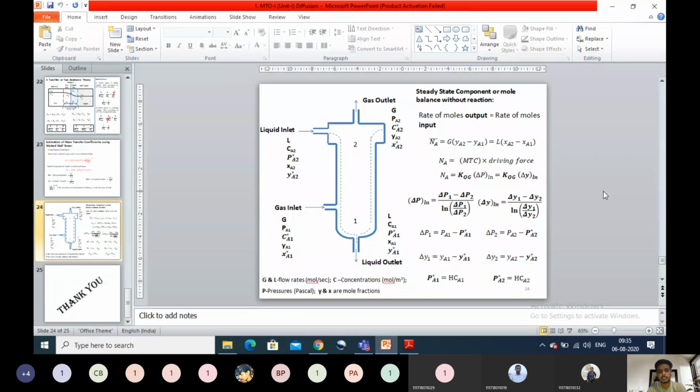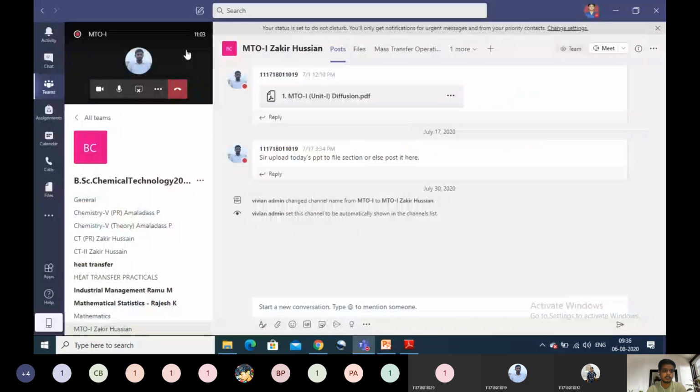The last class was regarding the wetted wall tower, how we derive these equations and everything. Because this is a counter current flow, we are considering the logarithmic mean values of pressure or concentrations, mole fractions.